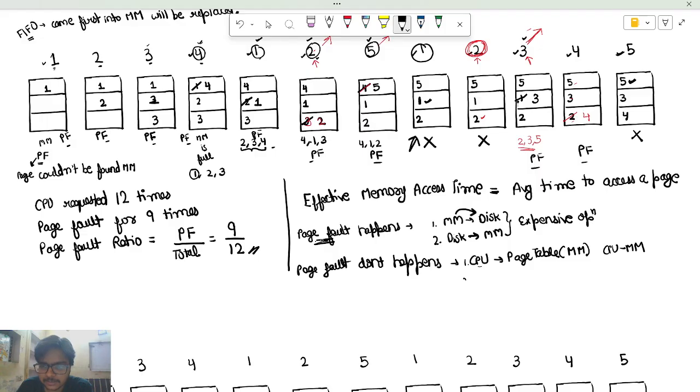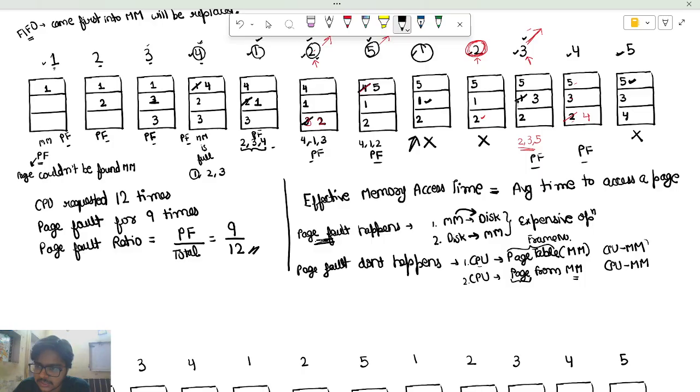And in the second step, the CPU will request the page from main memory. Okay, from the page table it got to know the frame number, and using the frame number, it will fetch the page from main memory. So now there is again a communication between CPU and main memory.